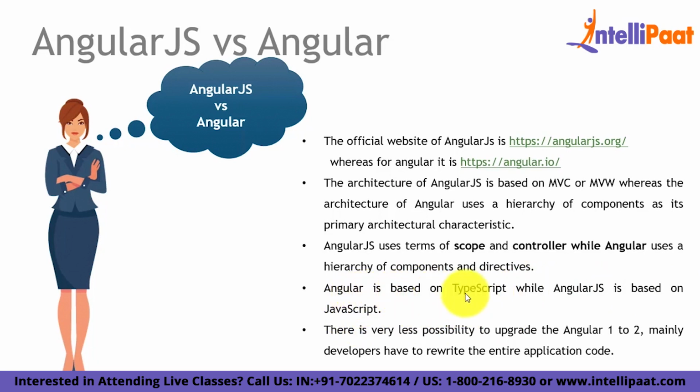Whenever we are writing Angular code, we are going to write TypeScript code, whereas in AngularJS, we are just writing JavaScript code. TypeScript, we know, as we have already seen, is JavaScript plus some additional features. And moreover, TypeScript supports all the ES6 features, which is nothing but ECMAScript 2015, the latest JavaScript features.